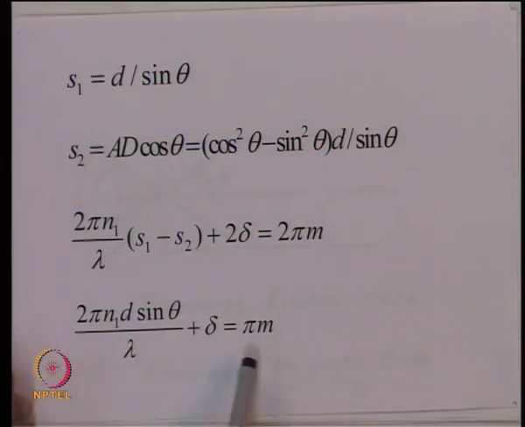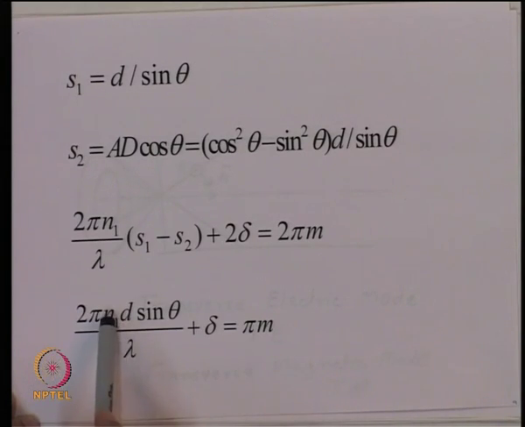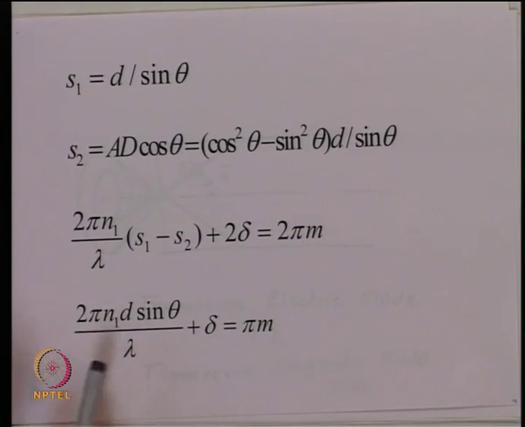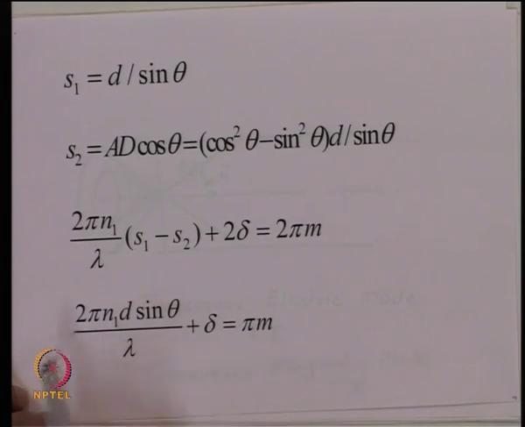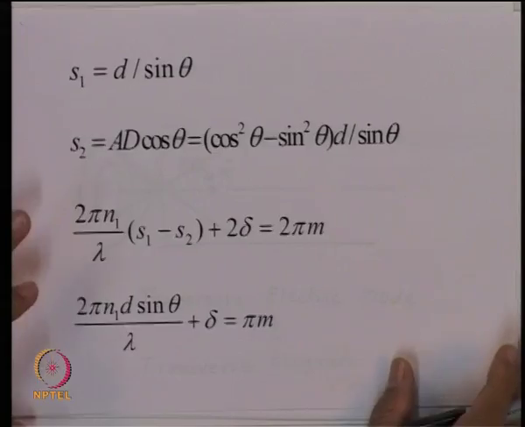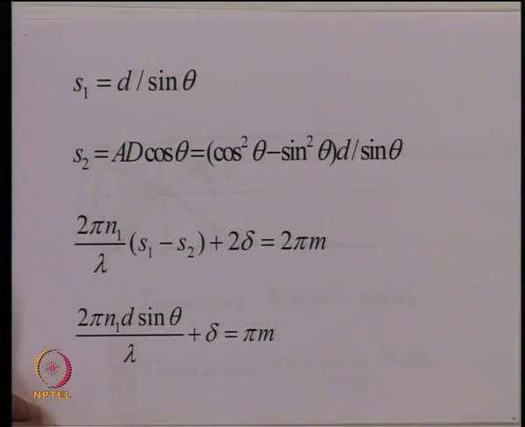So, we see that if I reduce this quantity d, or if I make this quantity n1 small enough, but n1 we can't change too much because we have already identified the material glass. So, only this quantity d upon lambda, or for a given value of lambda, the diameter of the fiber, if I reduce the d to a substantially low value, then for any angle you cannot satisfy the phase condition even for the next value of m, which is equal to 1.